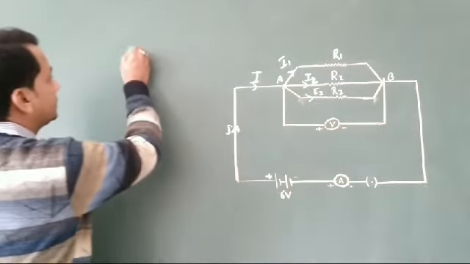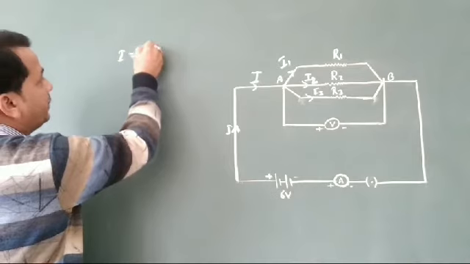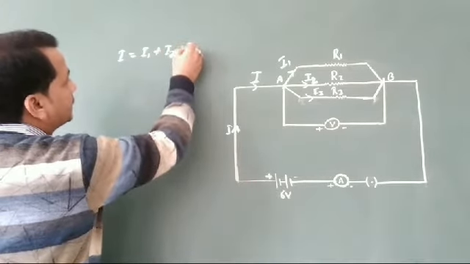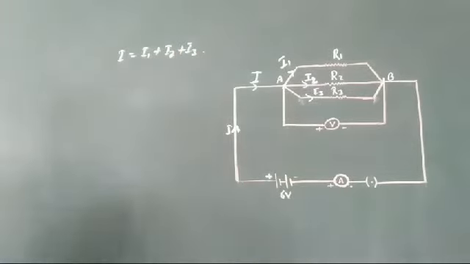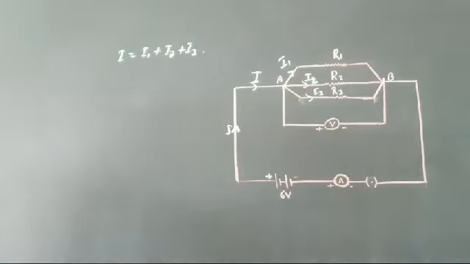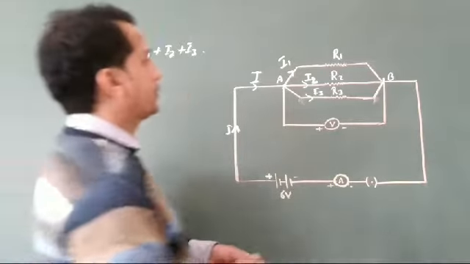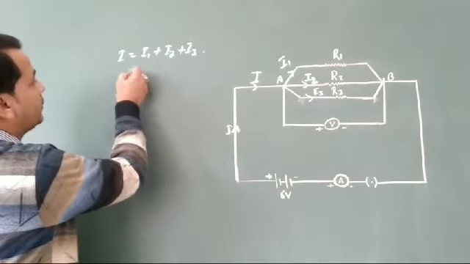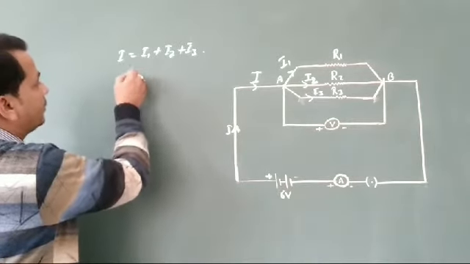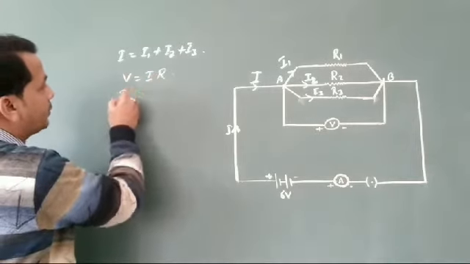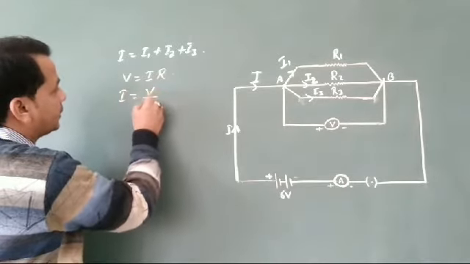So the total current is I equal to I1 plus I2 plus I3. According to Ohm's law, V equal to I into R, so I equal to V by R.